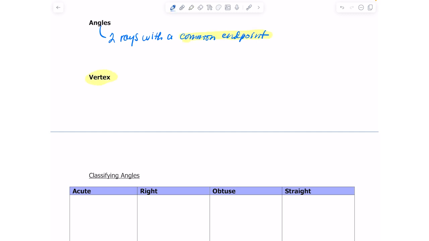You can also consider an angle as the intersection of 2 lines, or segments, which remember are just pieces of lines. Okay, and the vertex is the point of intersection or the common endpoint.